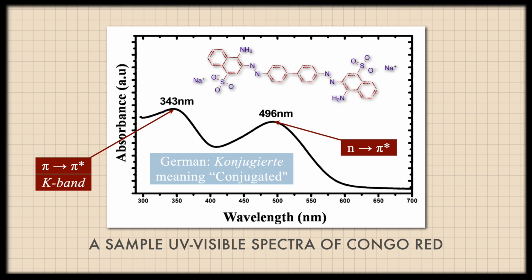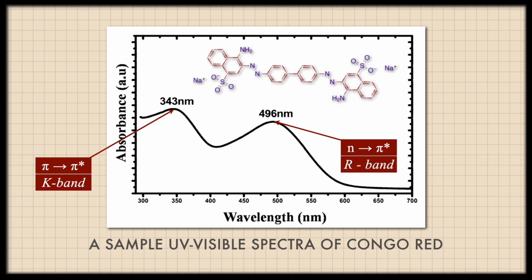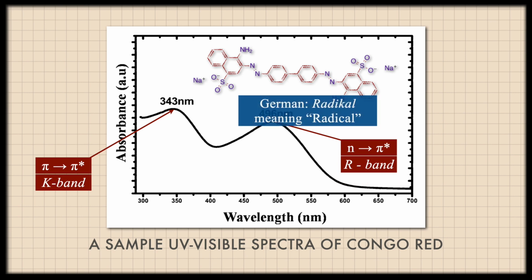On the other hand, the n to pi star transition is also known as the R band, which is a German word again, radikalartig, radical, meaning electrons that are not bonded. So you can see here this nitrogen and nitrogen, both contain lone pairs, this nitrogen to nitrogen.